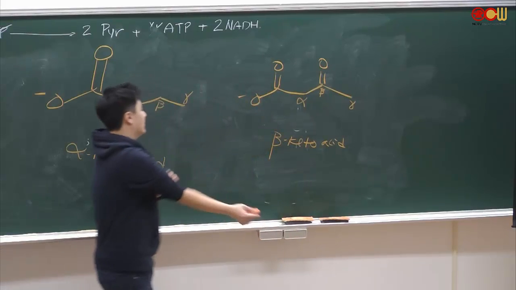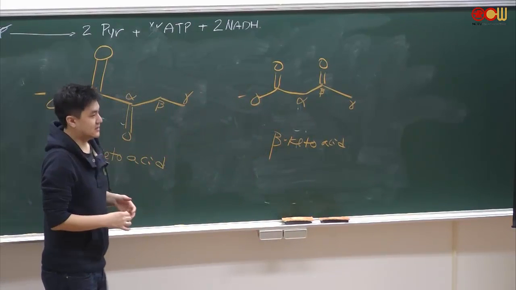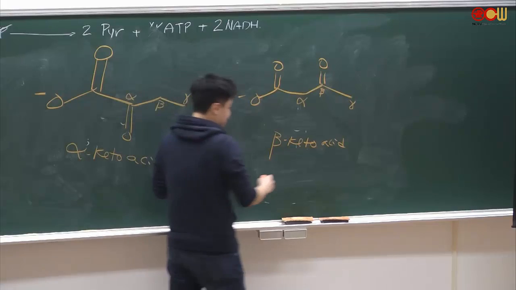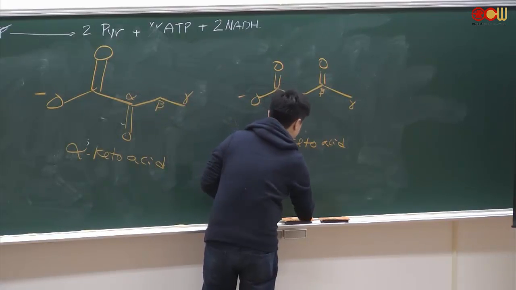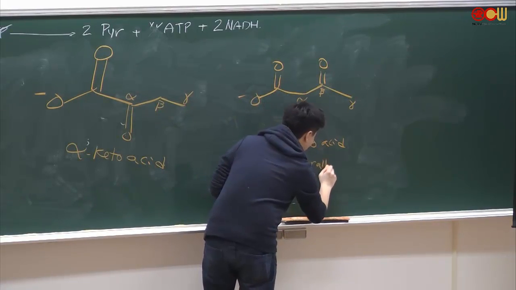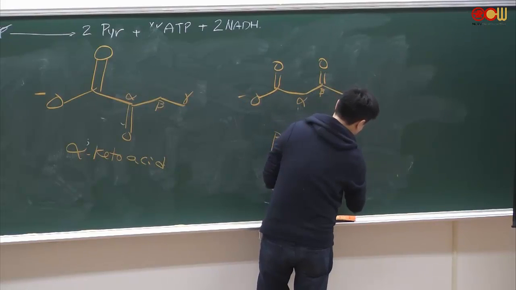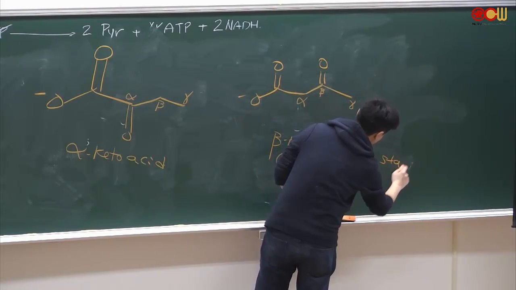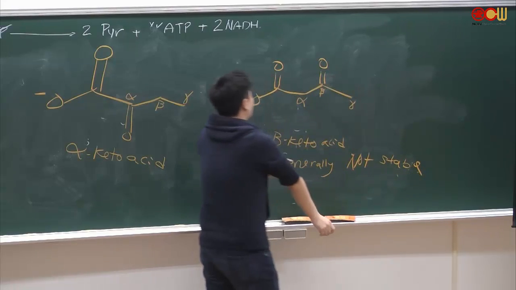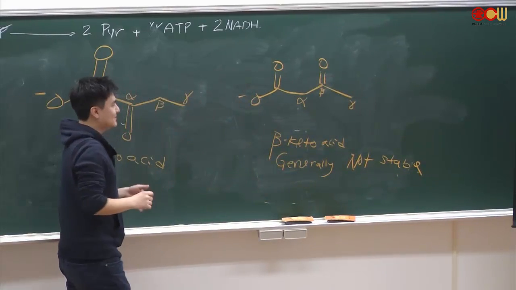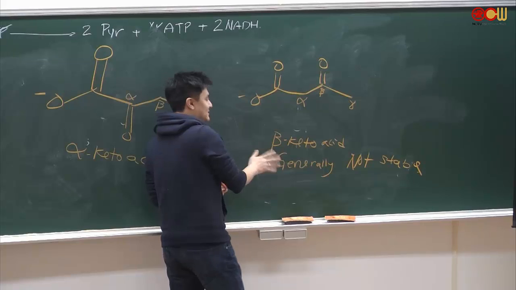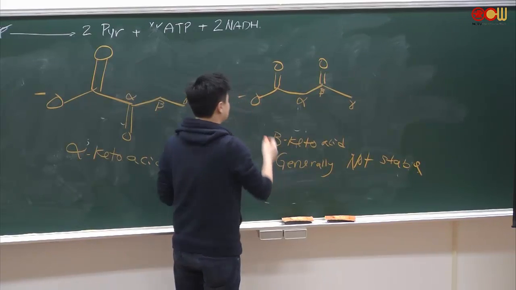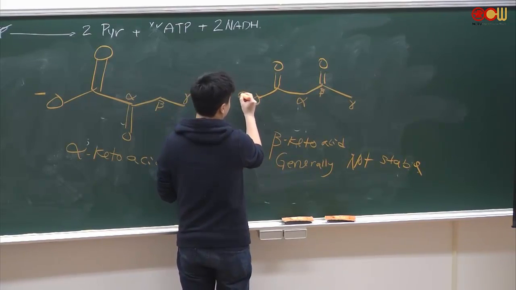One thing about beta keto acid that you should know is that it is generally not stable. Why? The reason being, it doesn't need an enzyme to catalyze this, because here is your minus charge.